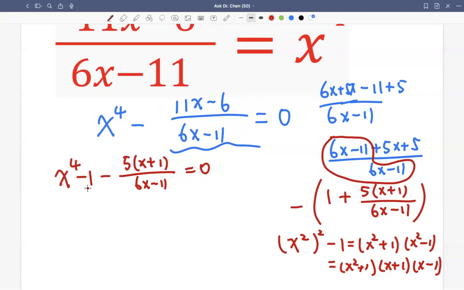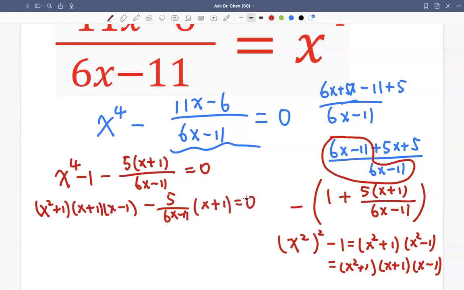So x raised to 4 minus 1 we can write as x squared plus 1 times x plus 1 times x minus 1. And this term, we have 5 over 6x minus 11 times x plus 1. So we have manufactured the common factor x plus 1.